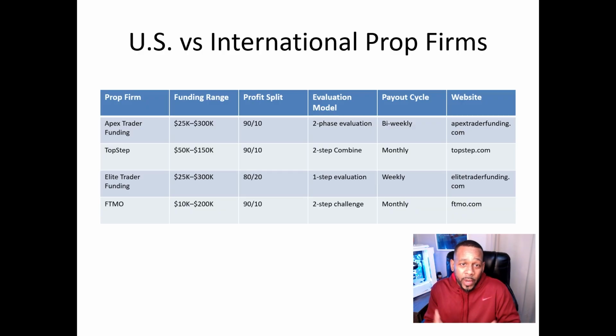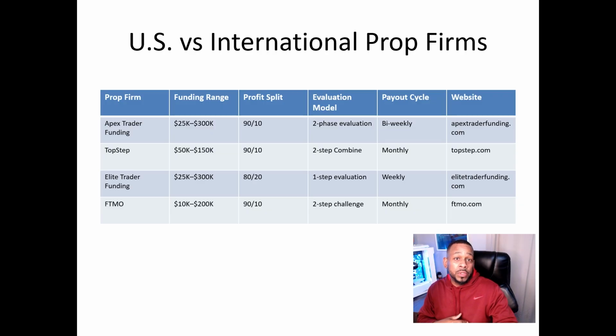And then once that evaluation phase is over, then you're funded. For the funded account, they still have a drawdown or a trailing drawdown until a certain amount. And then anything above that, you're able to withdraw the 90%.